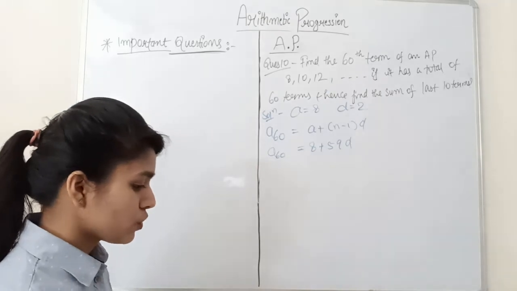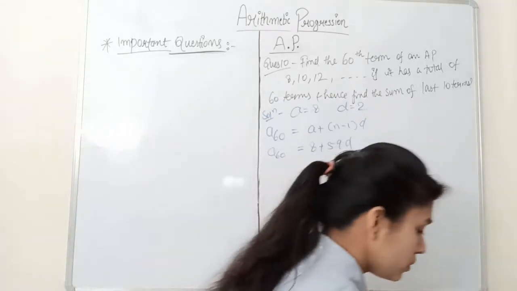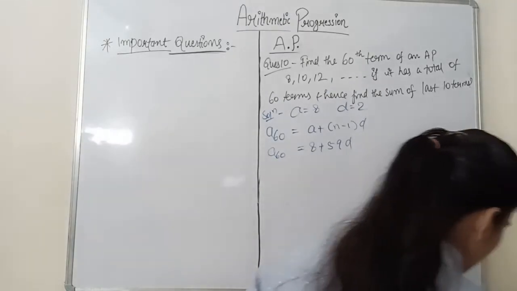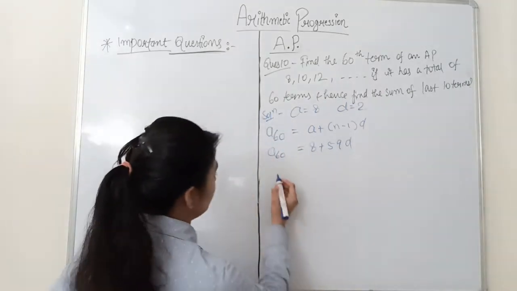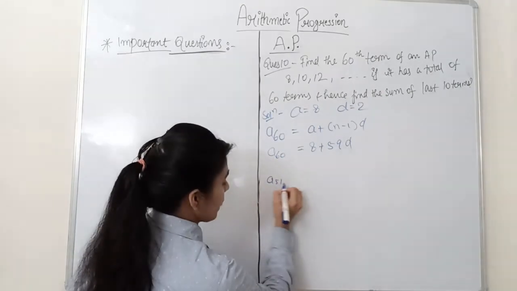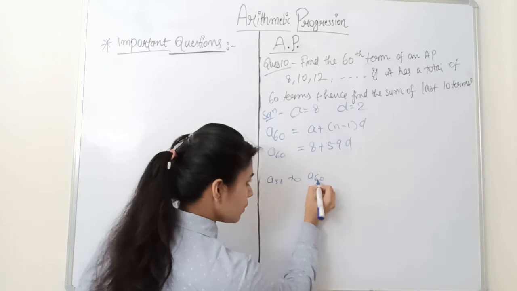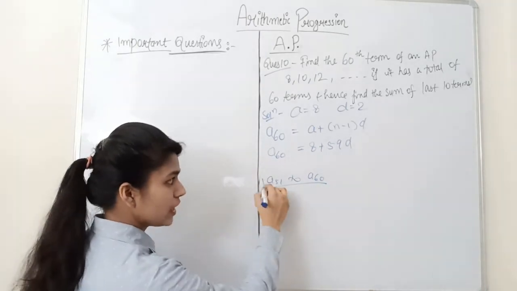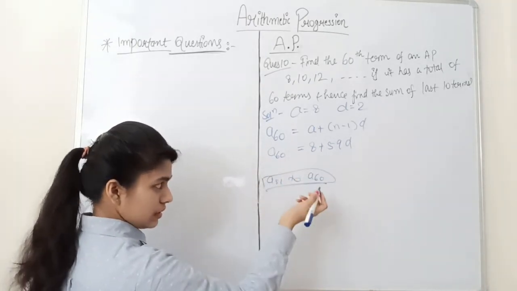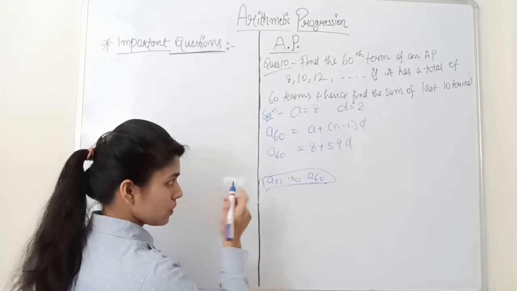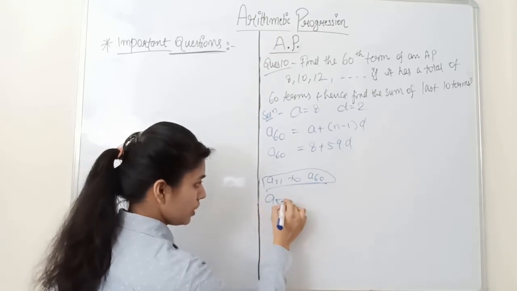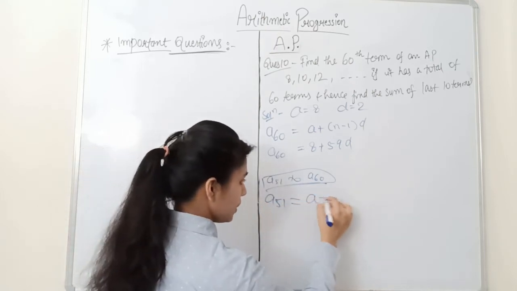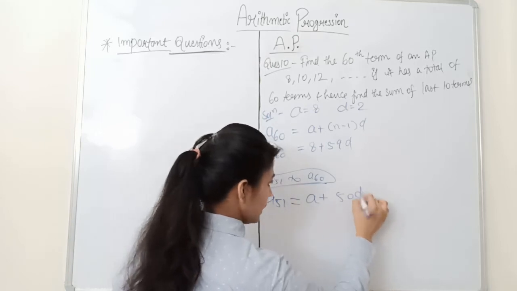Okay, so what will we do? A51 to A60 will be the 10 terms. We have to find the sum of these. So A51 will be A plus 50D.